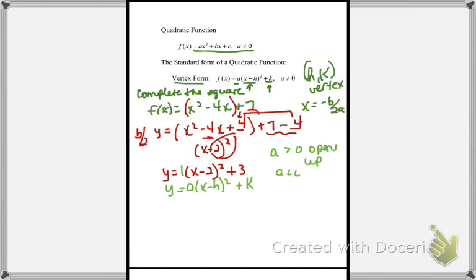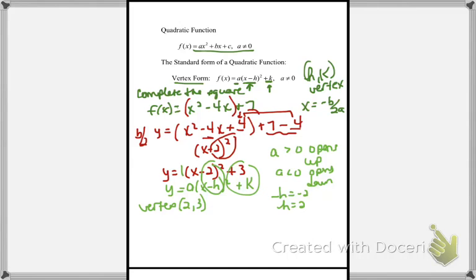If it's less than 0, it opens down. Negative h is equal to negative 2, therefore h is equal to 2, and that goes by your horizontal translation, which would go 2 to the right, to the positive, and k is 3. So your vertex is (2, 3).